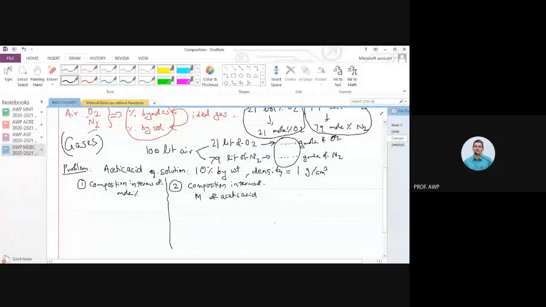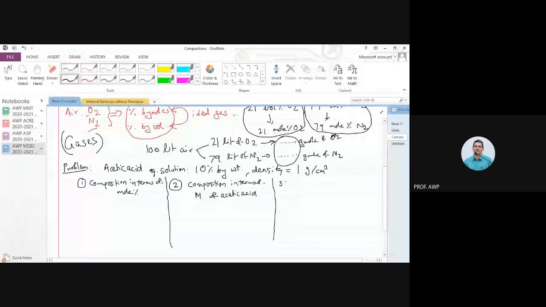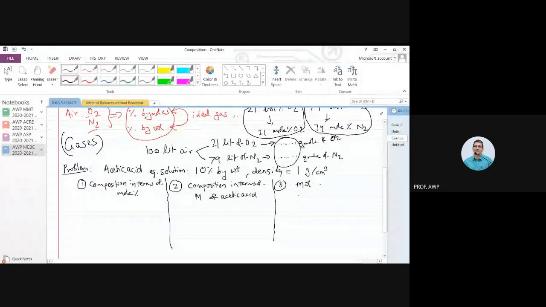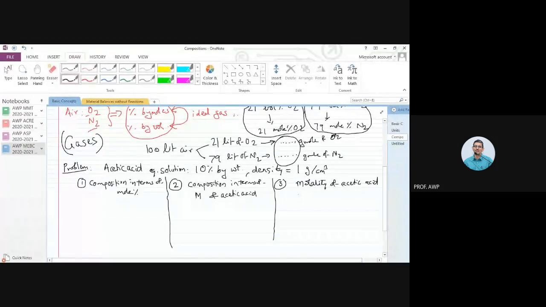Third, I would like you to calculate the composition in terms of molality of acetic acid. Okay, let's do this problem in the next 5 to 6 minutes, and then we will see the solution.